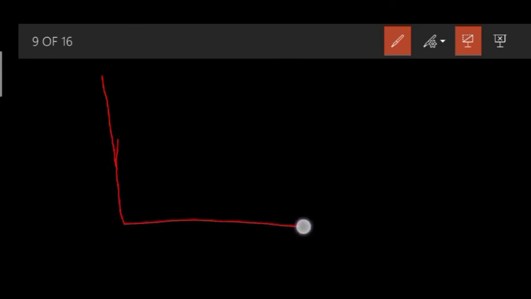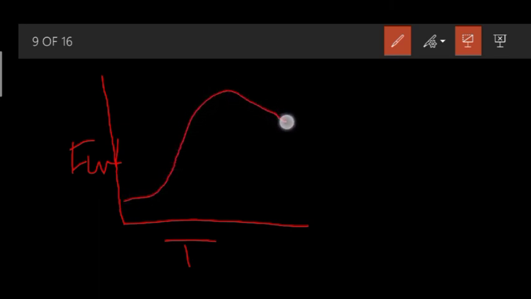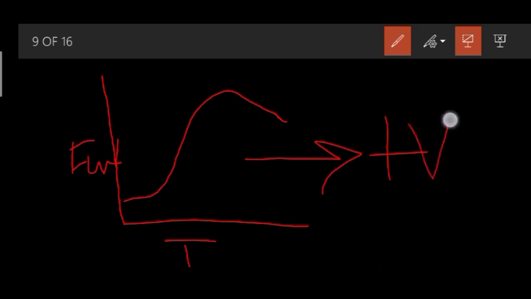There is a graph where the x-axis indicates time and the y-axis indicates the fluorescence. If in the graph there is a change in the fluorescence over time, this shows a positive result, or the person is affected by coronavirus, COVID positive.